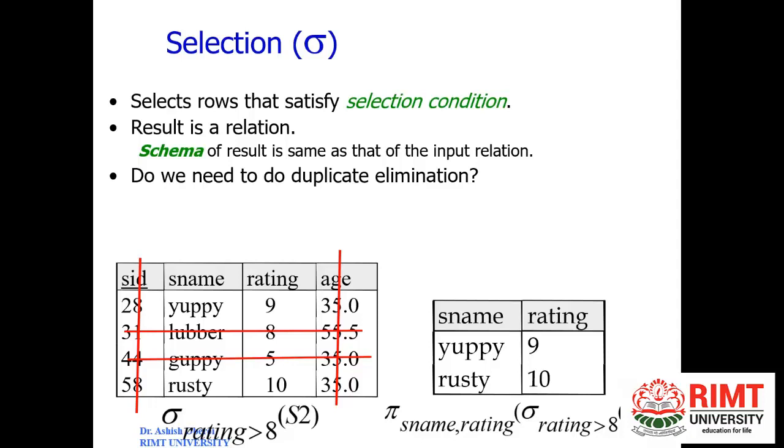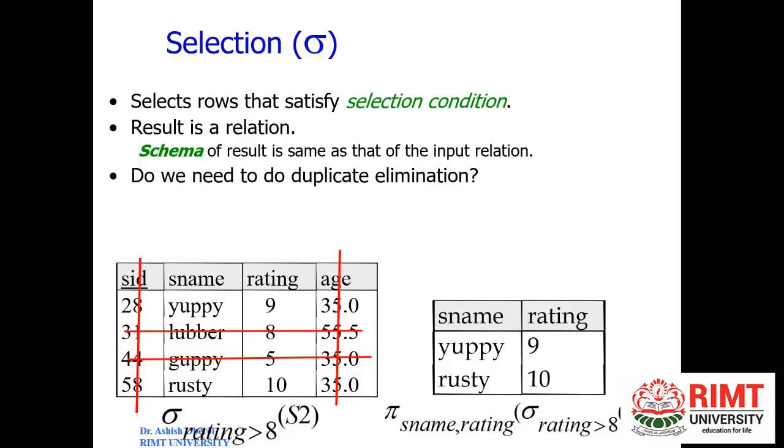So here we are dealing with relations. If you are talking about a query, for example, find those records from the table S2 whose rating is greater than 8. Clear?